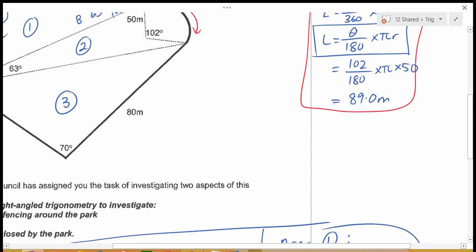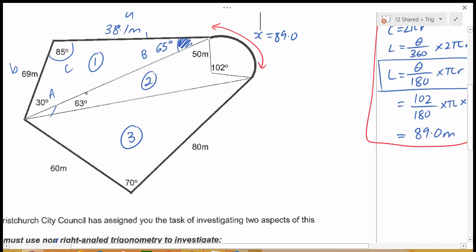Okay, so now we want to find the area of 2, which is all of this stuff, and to do that we're going to need the length of this side here, which can be our A, and the length of this side here. Now we have neither of those sides at the moment, so we need to find them. So first of all, I'll go for this side here, and I'm going to use the cosine rule for that one.